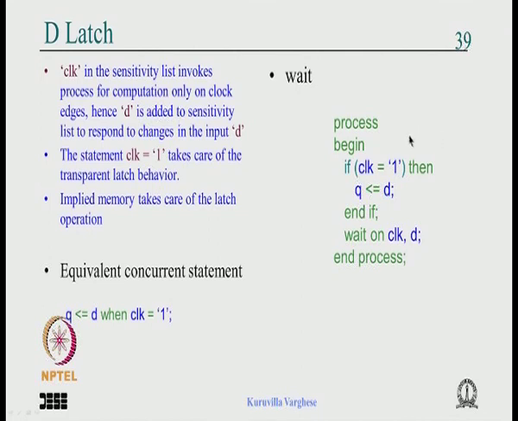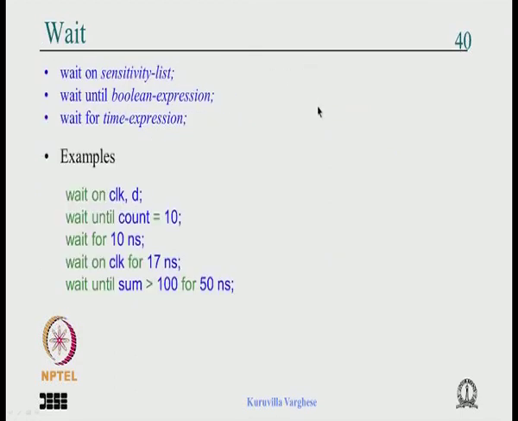So either you should use a wait statement or a sensitivity list, not both. Maybe it's the right time to look at the syntax of this wait statement, and there are three types of wait.